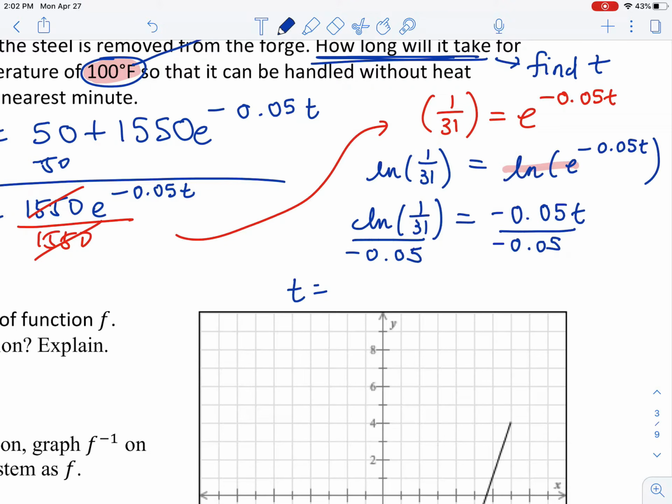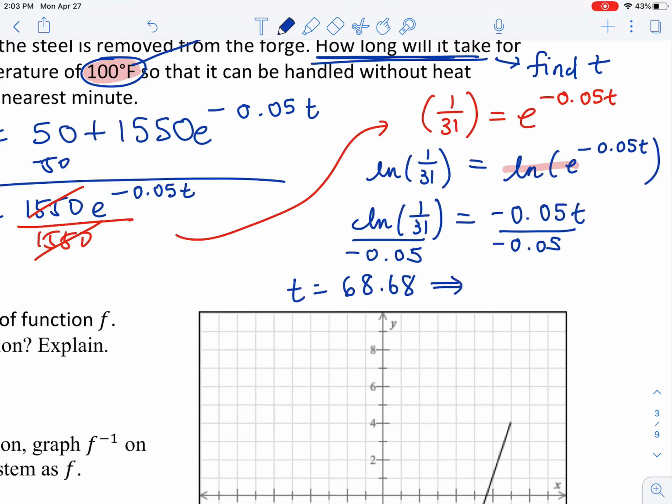Since you learned how to solve these logarithmic or exponential equations in section 3.5, 3.6 is just a matter of setting them up correctly. Now, let me type in natural log of 1 over 31 divided by negative 0.05. And it got me 68.679.